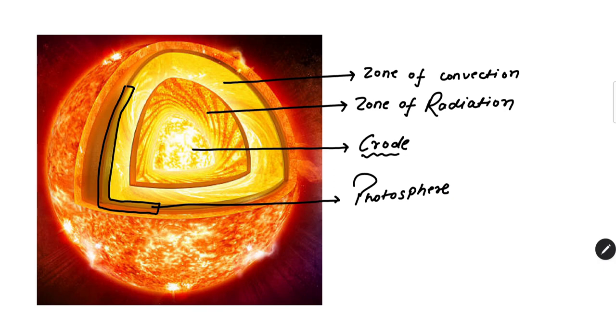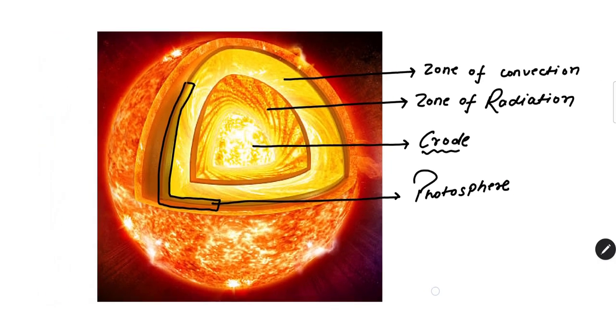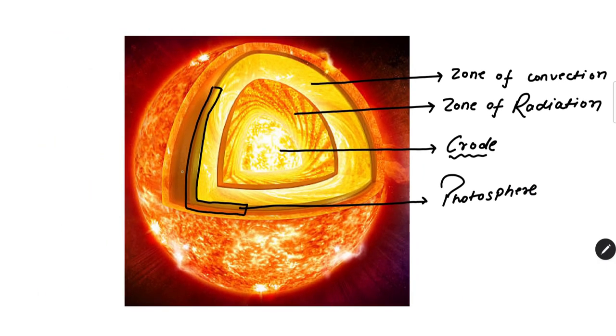And after that, the middle one, this part, let me take this a little bit more. This is the chromosphere. And the outer part, this part is called the corona.